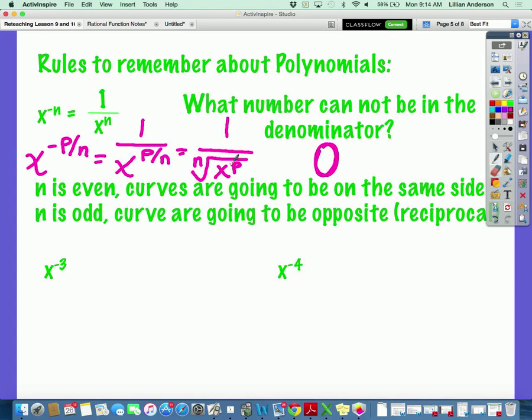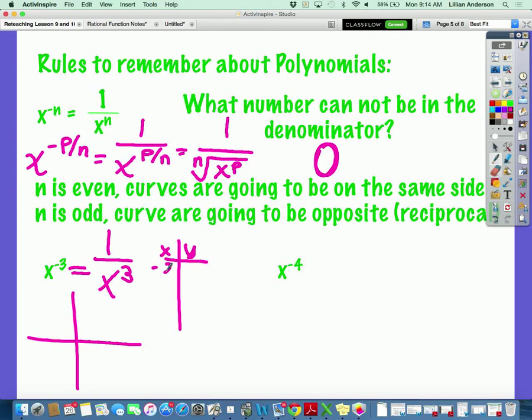Everybody remembers what a reciprocal function looks like? Okay, so how can I rewrite x to the negative third, Isaac? 1 over x to the third, very good. And careful if you think it's a square root.